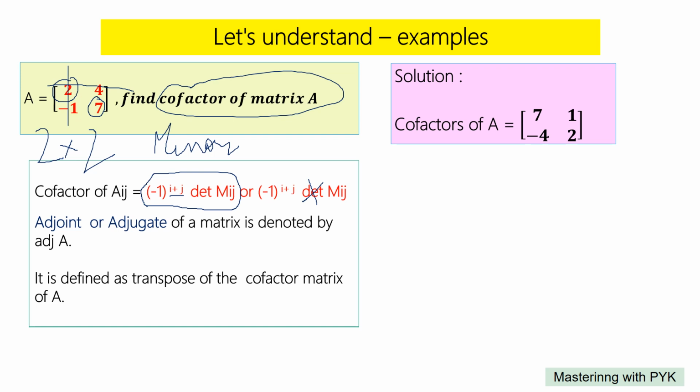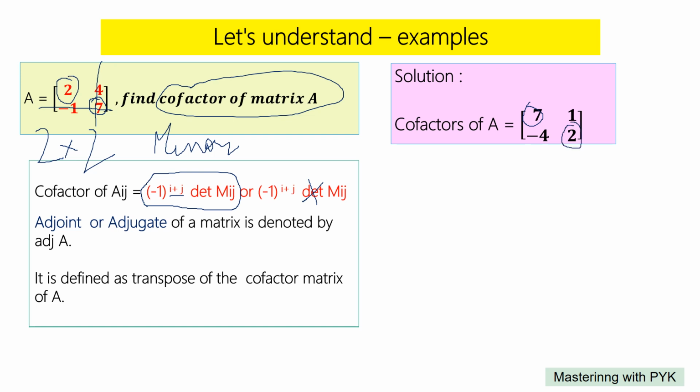So M11 becomes 7, right? Similarly, for M22, we ignore its row and column, and we are left with 2. So the value here would be 2.